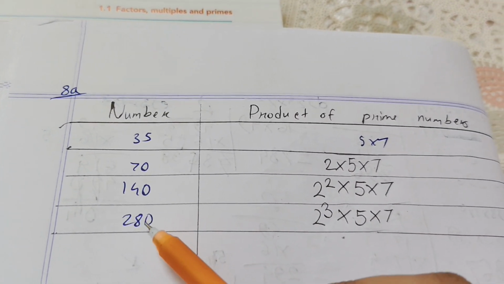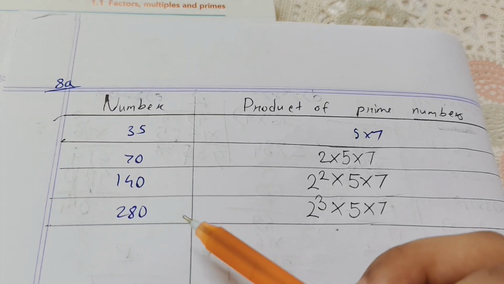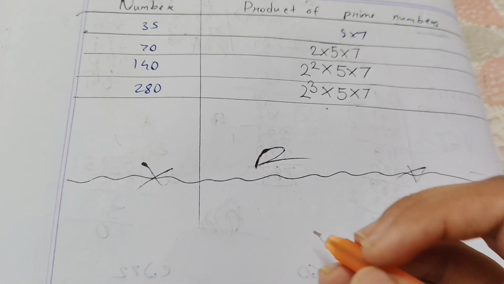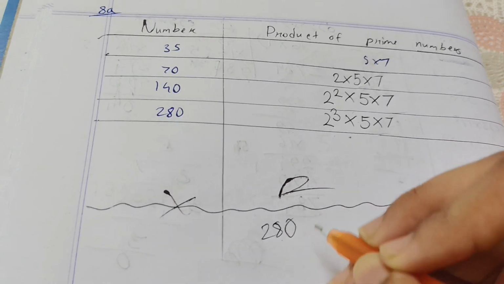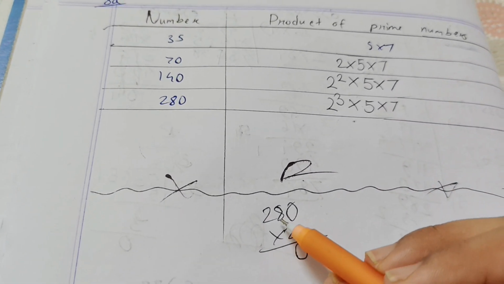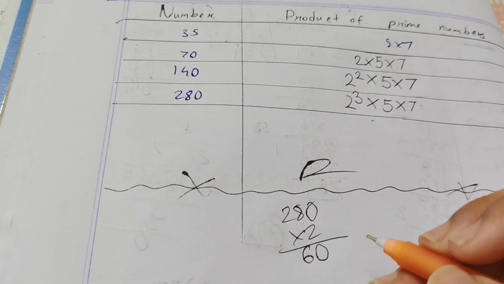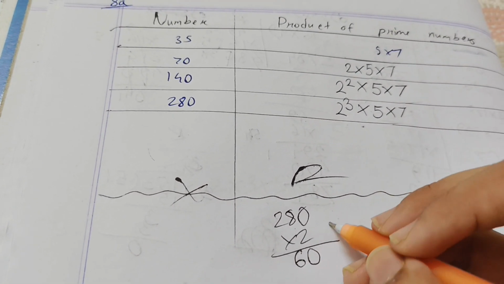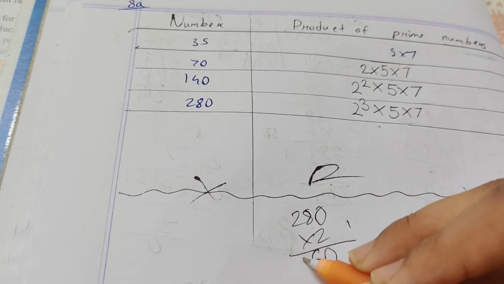So what is 280 multiplied by 2? Let's find out. 280 multiplied by 2. 2 multiplied by 0, 0. 2 multiplied by 8, 16, 1 in hand. 2 multiplied by 2, 4, plus 1, 5.